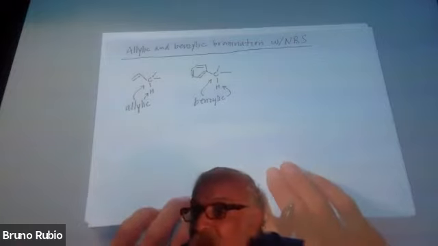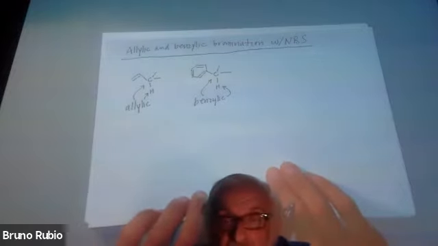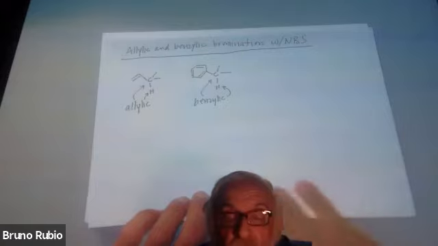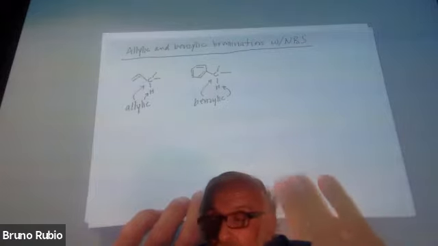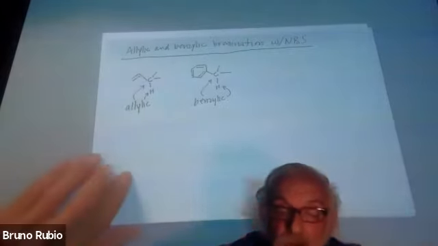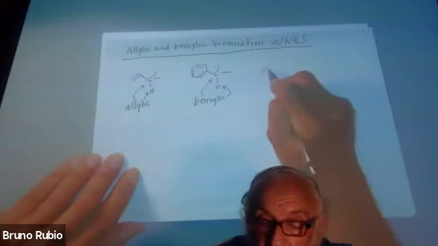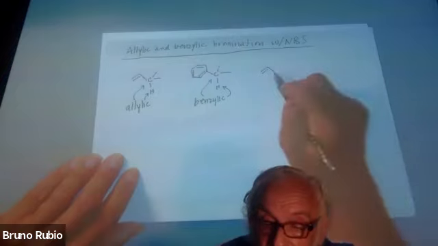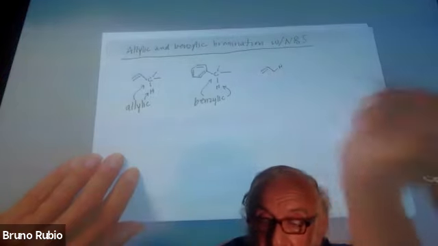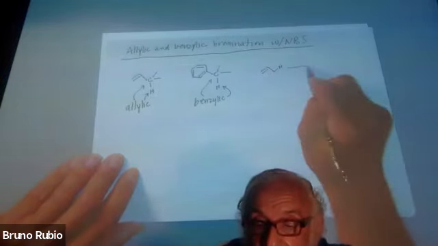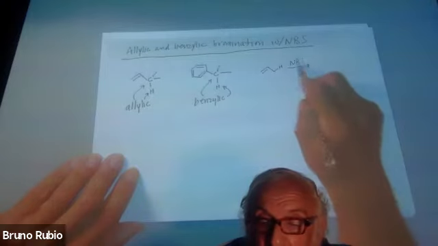Anyway, NBS, N-bromosuccinimide, is a reagent for allylic and benzylic bromination. So for example, we would take this guy that has an allylic hydrogen and react him with NBS. We need heat or light.